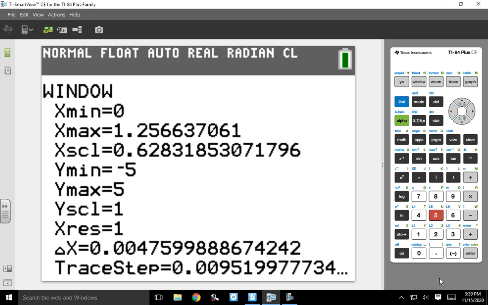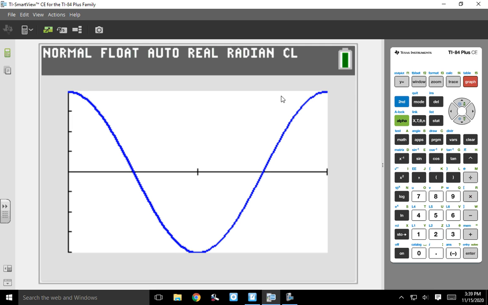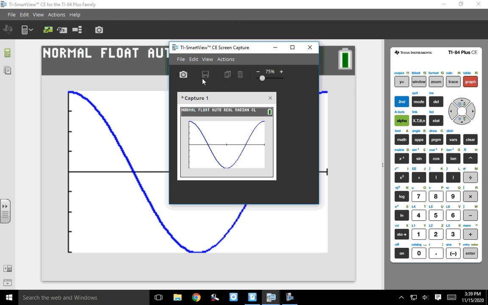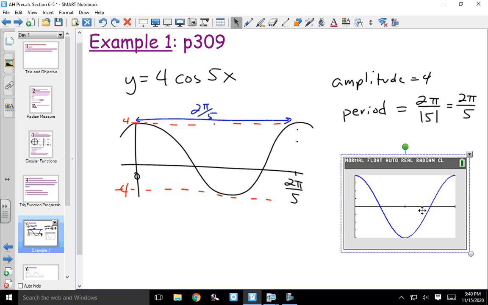If you want to go exactly to fill your screen, maybe that's what I should do. Go from -4 to 4. That was the amplitude of this thing, so we'll do that. And if we hit graph, we should see one full cycle of this function. That's, in fact, what we got there. There we go.